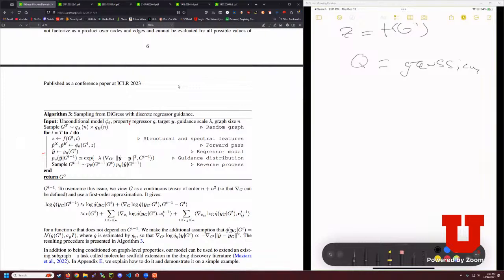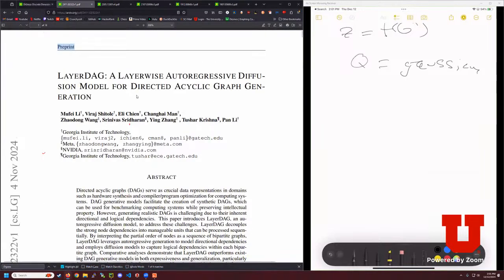Okay. So the next one is LayerDAG. This is in a similar vein as DiGress, only instead of generating arbitrary graphs, they're only generating DAGs. They also introduce autoregressive diffusion for these DAGs.